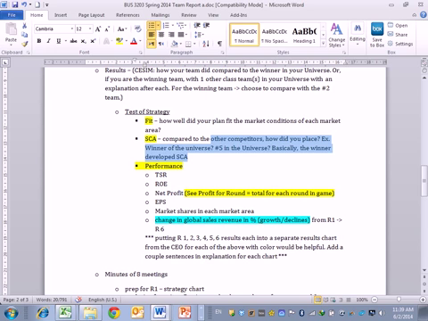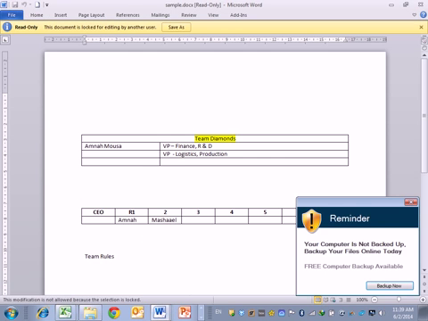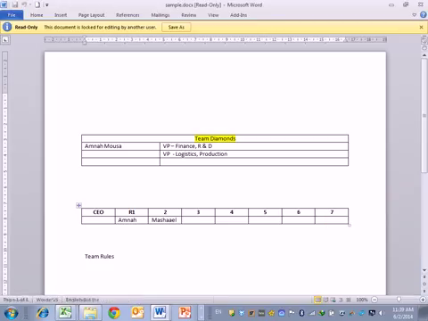Now this one is easy to do. I suggest you just do a chart. So do it like this. You could do a chart like this. Oh, it's locked for editing by me. Let me just stop that.